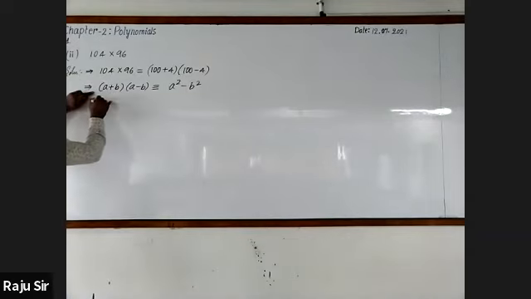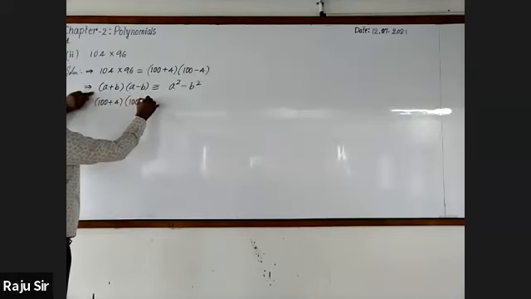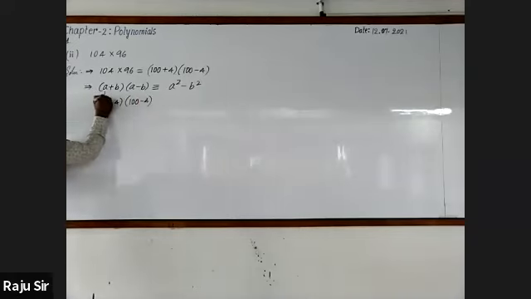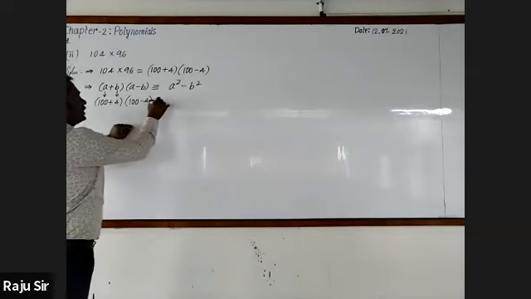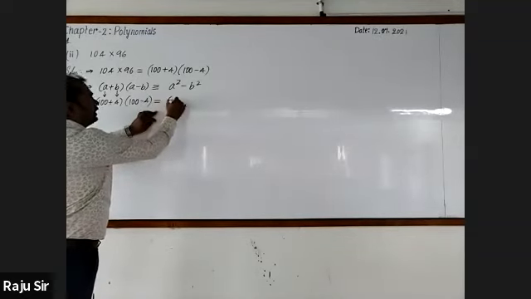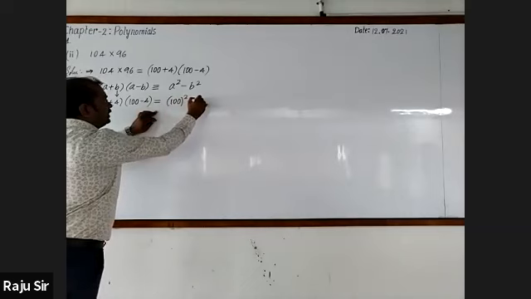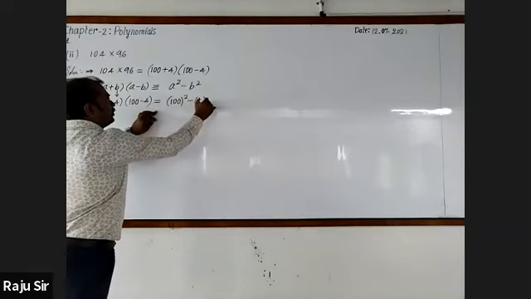Now substitute. Here, (100 plus 4) into (100 minus 4). You can observe here a is 100, and in place of b, 4 is there. Substitute. It is equal to 100 whole square minus 4 whole square.